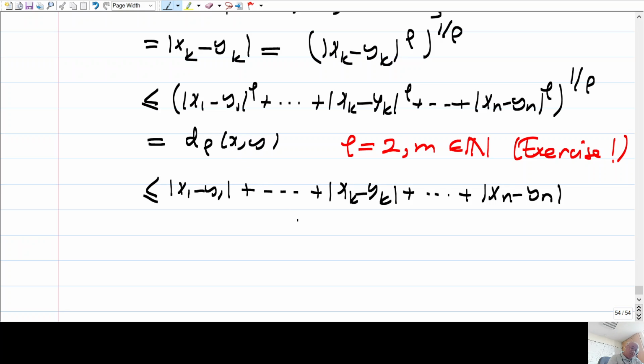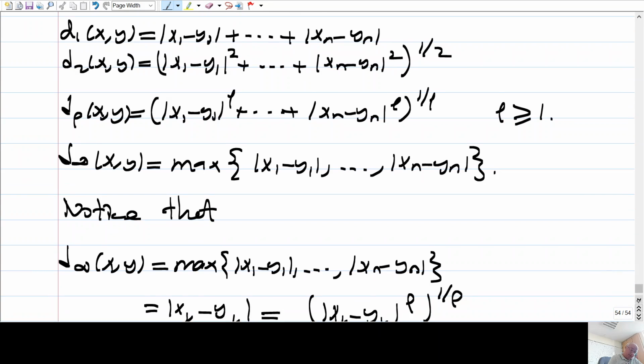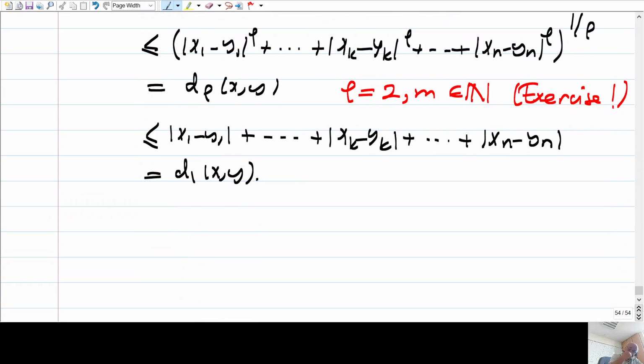And what else? What is this? Of course, this is just d1 xy. So what we obtain is, let me write one more step. What is d1 xy? d1 xy is the sum of these terms.